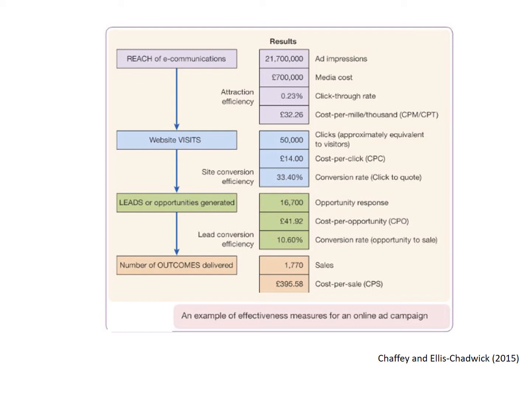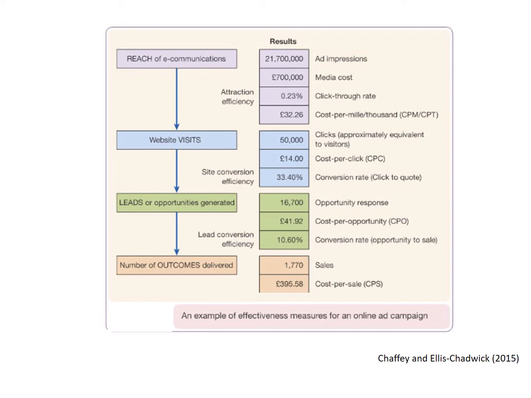So if we look at the top and we look at the reach in terms of e-communications, we say that we have 21,700,000 ad impressions, with a take up of 0.23% click-through rate.